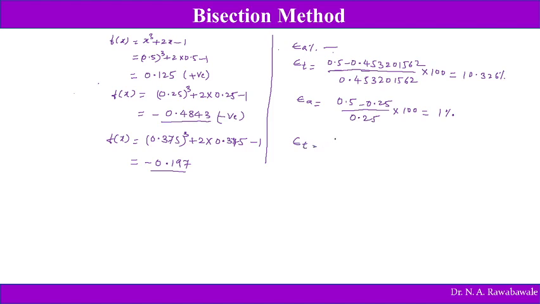True error is 0.25 as the approximate value and the true value 0.453201562, divided by the true value 0.453201562, into 100, and this gives us a true error of 44.83%. So here it shows the error has increased. No problem, this is a self-correcting method, that is 44.83%.